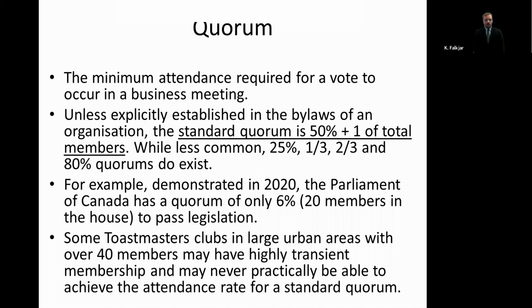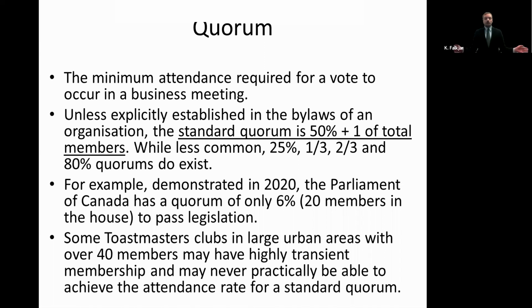While less common, certain other quorums do exist. First thing, high quorums often exist for things such as on condominium boards, for instance. And the Parliament of Canada actually has one of the lowest quorums I've ever seen, at only 20 members or 6% of the House needed to pass legislation.